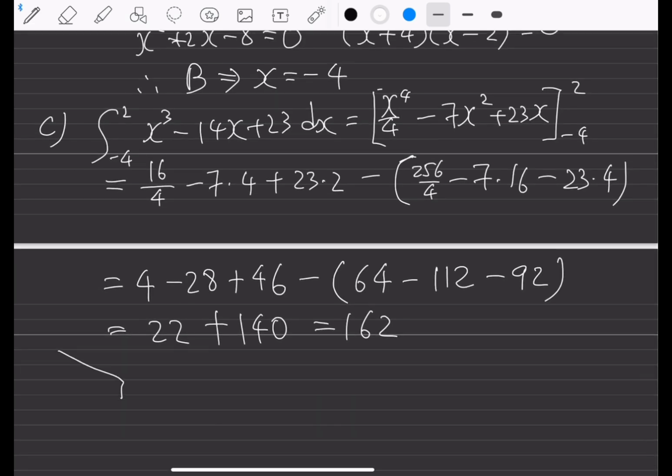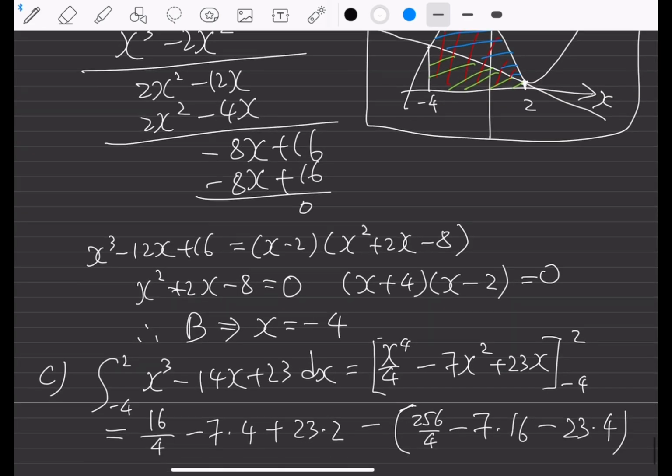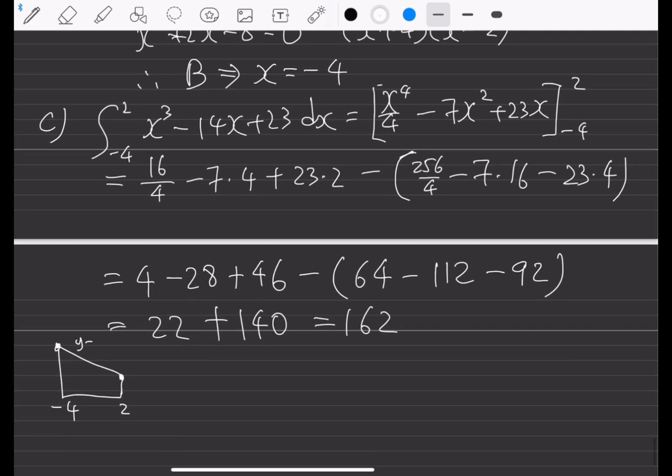So let's check this trapezium area. We know this is 2, this is minus 4, so we need to plug the x-coordinates into the tangent equation, y equals minus 2x plus 7, to find the y-coordinates. When x equals 2, y is 3.